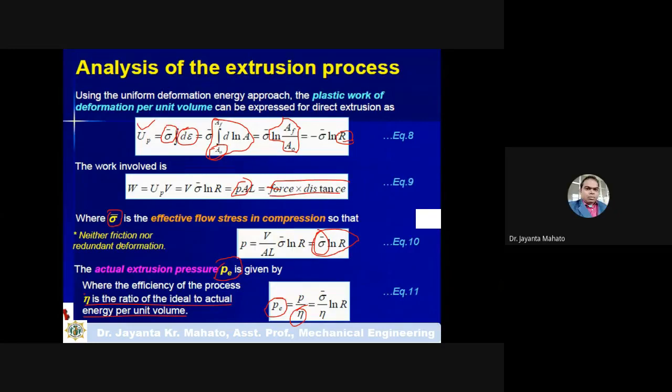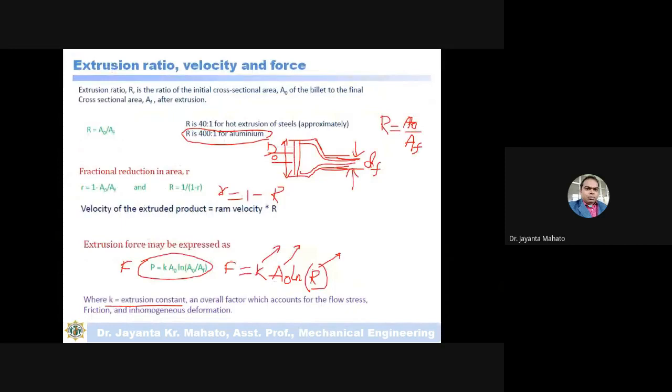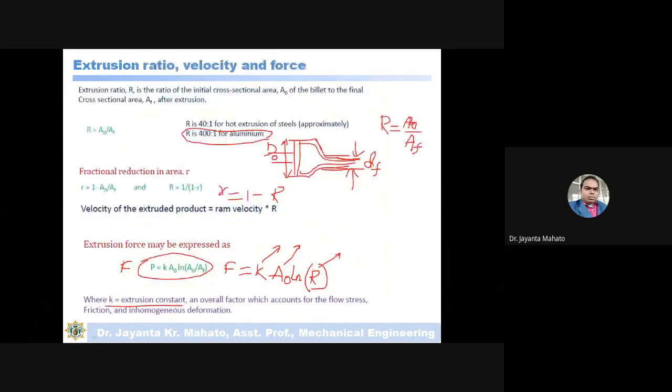It will not come in the exam, but it is important. This is a simple formula for calculating the extrusion force. This formula you have to remember. It is the mathematical extrusion ratio program. F is equal to K into A naught into ln of R, where K is the constant and R is nothing but A naught divided by Af.